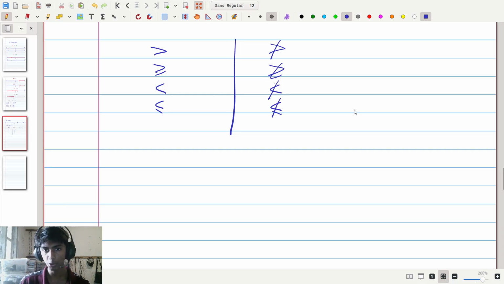What I am going to attempt to show you is that the not greater than sign is identical to the less than or equal to sign. The not greater than or equal to sign is identical to the less than sign, and similarly the not less than sign is identical to the greater than or equal to sign, and the not less than or equal to sign is identical to the greater than sign.